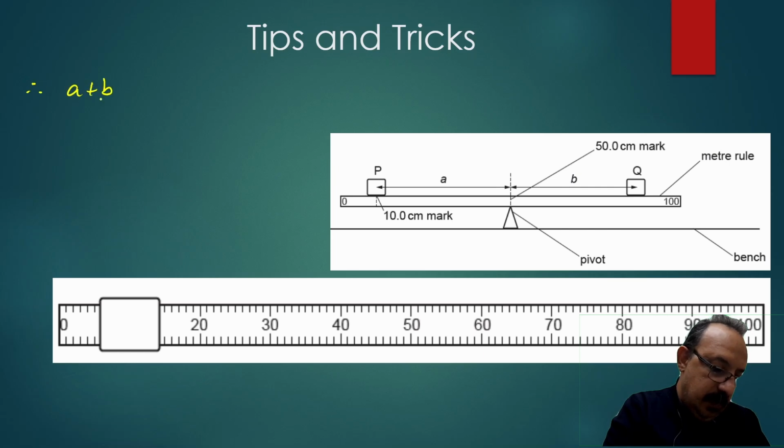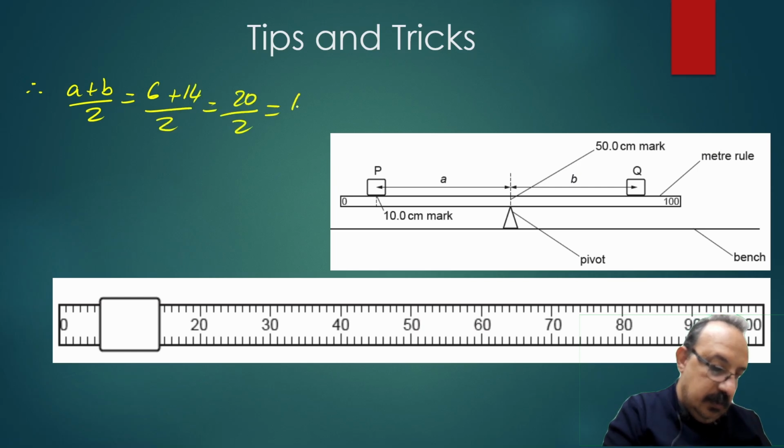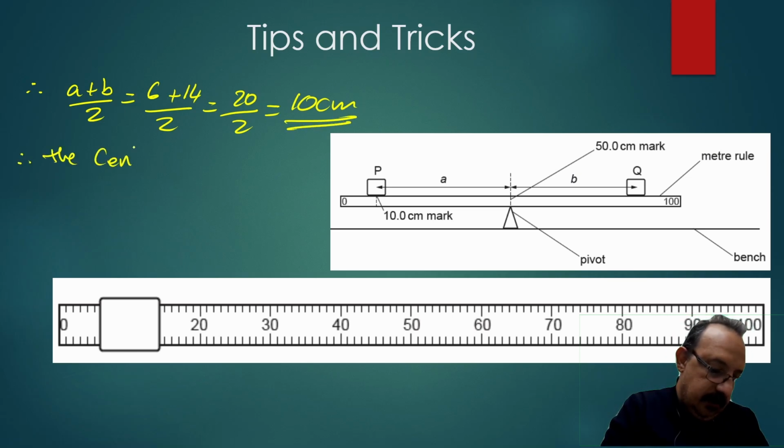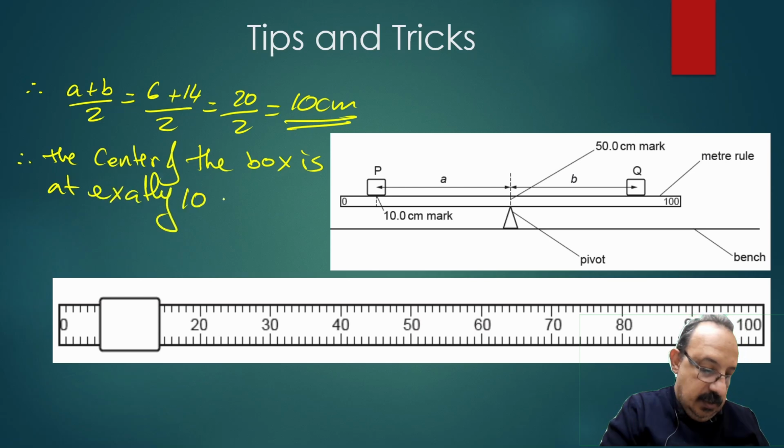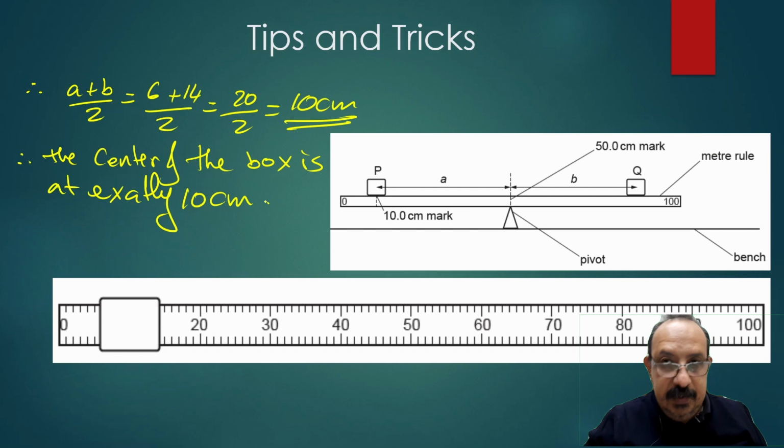A plus B over 2 is equal to 6 plus 14 divide 2, is equal to 20 divide 2, is equal to 10 centimeter. Okay, therefore the center of the box is at exactly 10 centimeter.